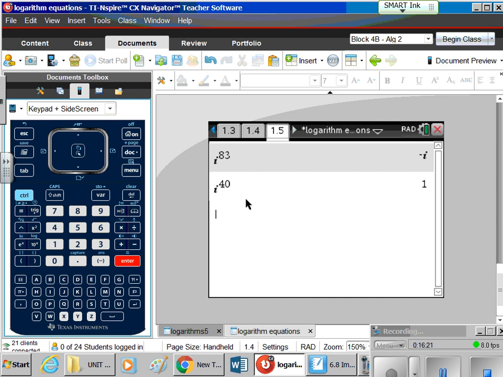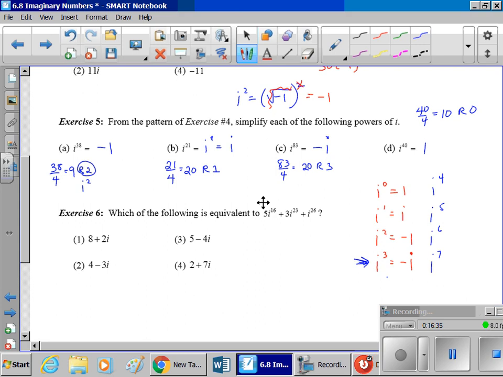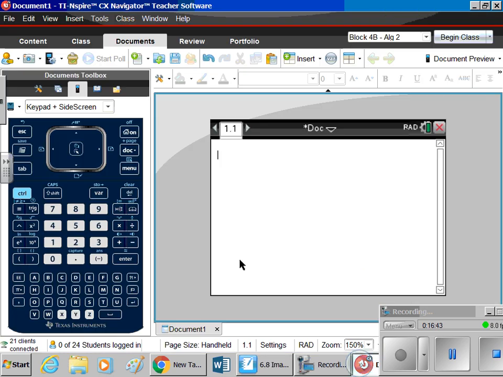So we're not going to make a big deal about learning how to do this by hand. Using our calculator makes this so much easier without having to think about how to do it by hand. Because when you took a look at exercise 6 and you see this mess right here, well, back in my day, we had to do this all by hand, but your calculator will do it for you. So if you take a look at that exercise, 5i to the 16th power.